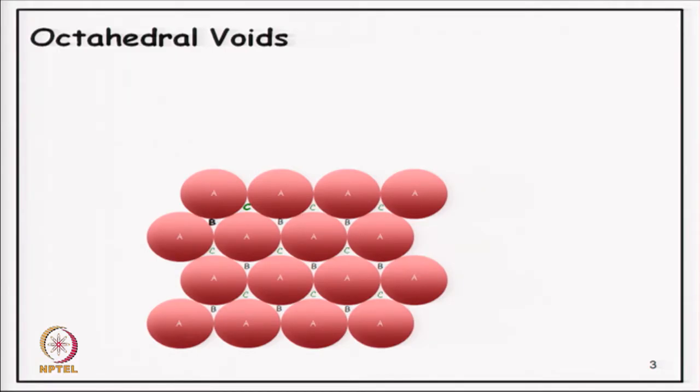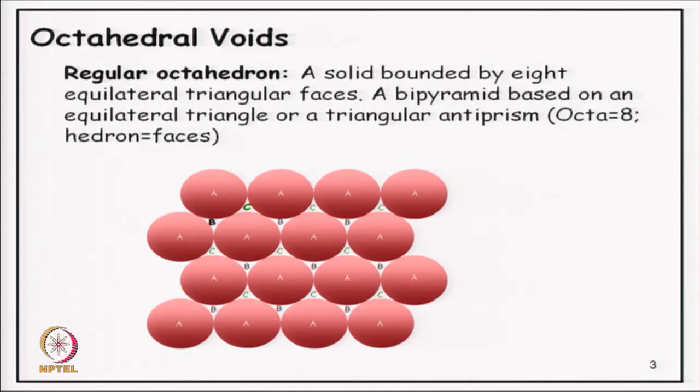So, between any two layers, if we see the location of these unoccupied sites, the C site, we get an octahedral void. Again, octahedral void comes from the name regular octahedron, which is a solid bounded by 8 equilateral triangles. Octa is 8. So, 8 equilateral triangles define a regular octahedron. This solid can also be considered as a bipyramid.